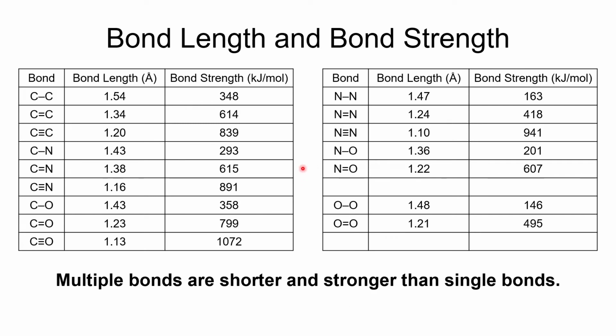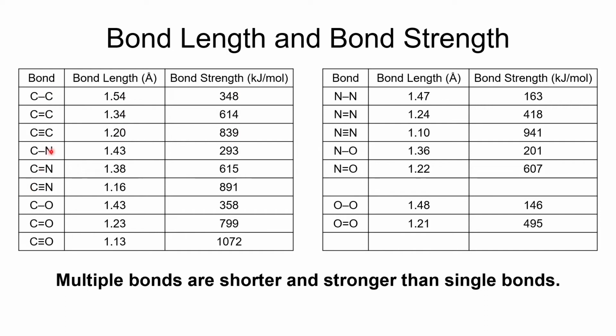Now, when we look at the bond length and bond strength for single, double, and triple bonds, we will see that multiple bonds are shorter and stronger than single bonds. And a triple bond is going to be shorter and stronger than a double bond. So here you'll see carbon single, double, triple: 1.54, 1.34, 1.20. So it gets shorter and definitely stronger.